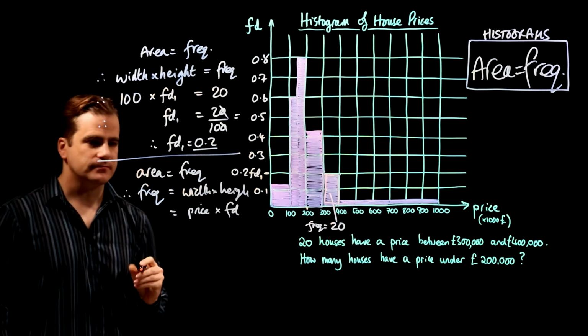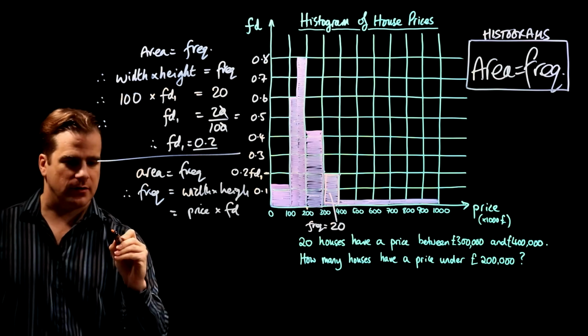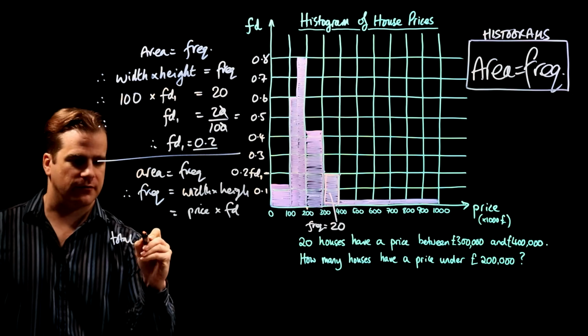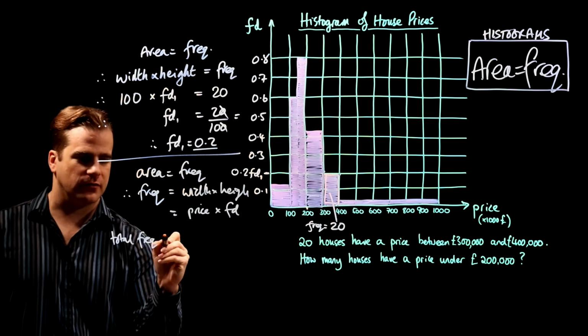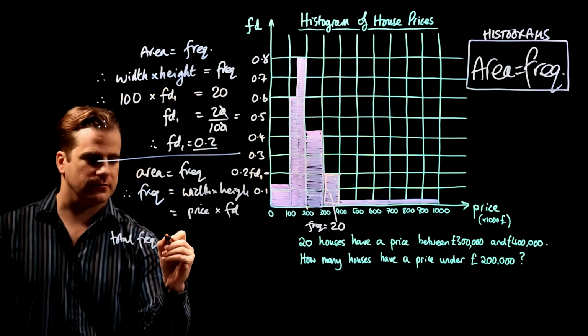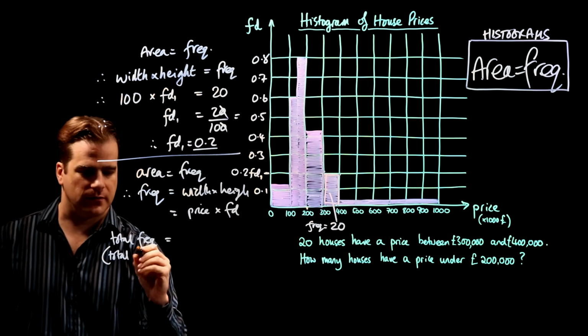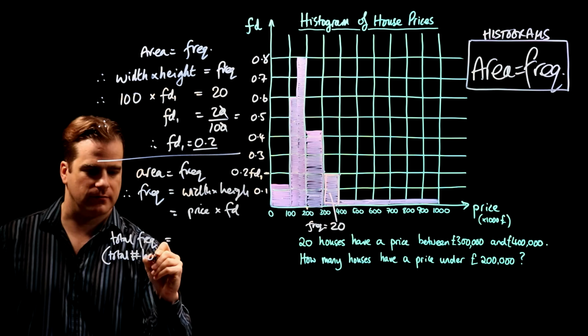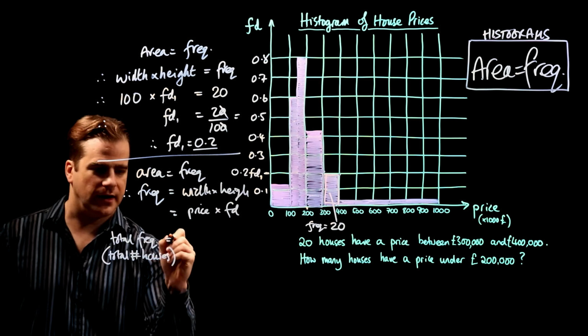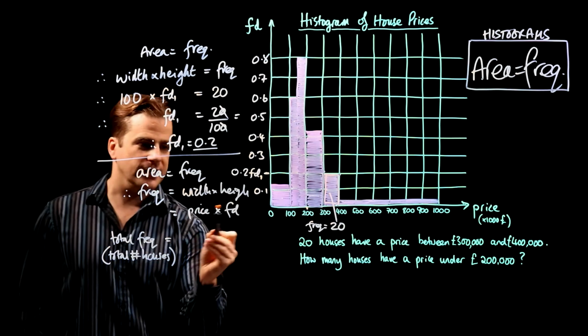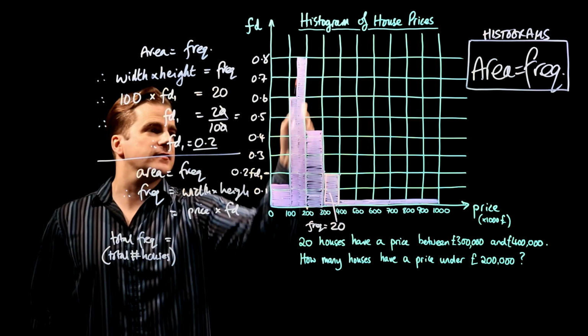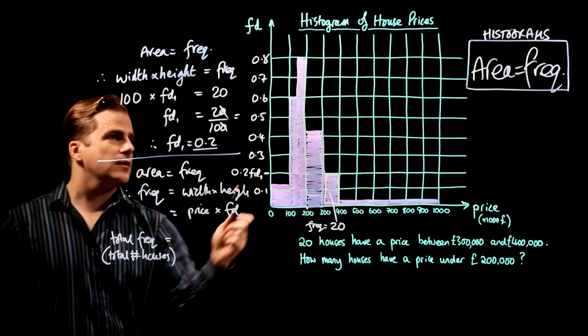So total number of houses equals, right, price width times frequency density of this tallest box.